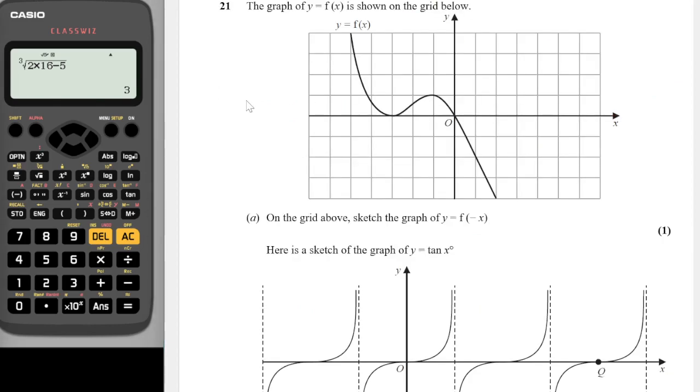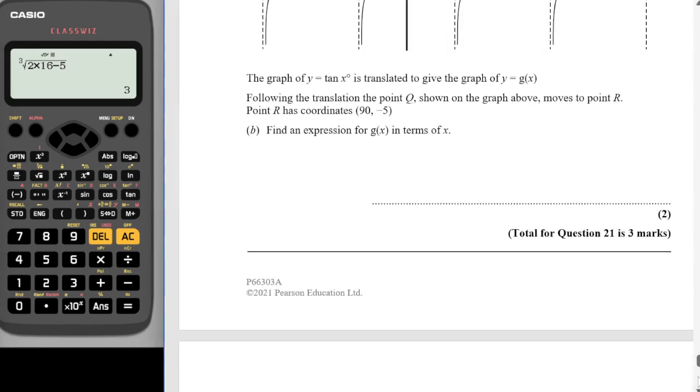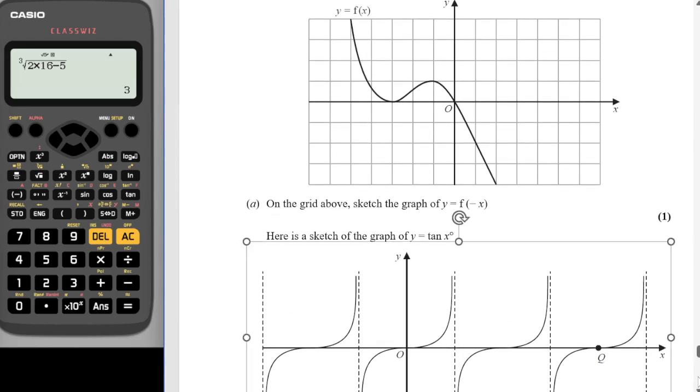Okay, the graph of y is equal to f of x is shown in the grid below, so that looks like a negative cubic, but that's irrelevant. On the grid, sketch the graph of f of minus x, so that's going to be a reflection in the y-axis, so that point would move. So let's do points.